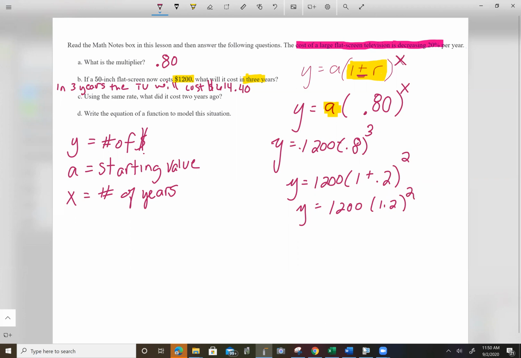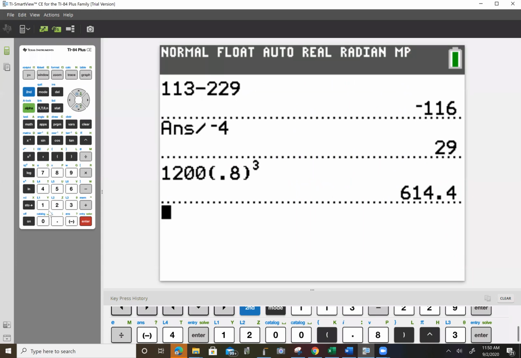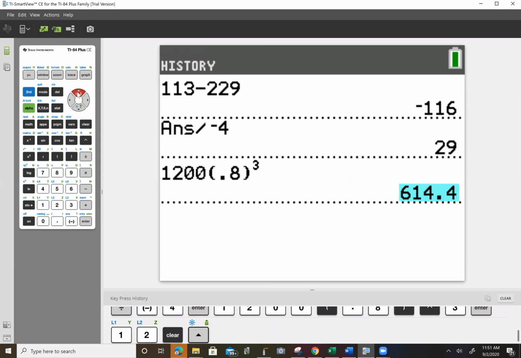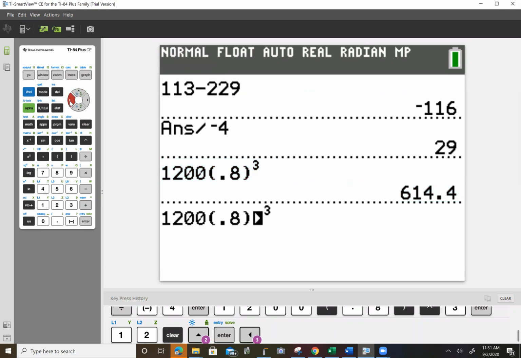And I'm just going to put that in the calculator. Oh, you know what I can do? I'm just going to grab what I had and change a few things. We're going to change the 0.8 to 1.2. And then it's going to be to the power of 2.